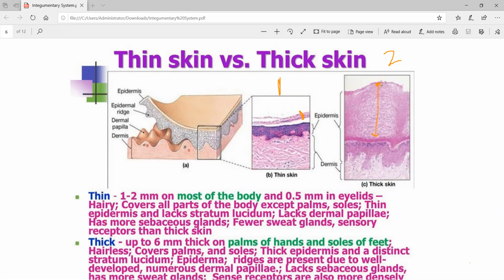So that's your clue that this is thick skin in picture 2 and thin skin in picture 1. Also in picture 2, you can see this hot pink layer right here. That's going to be your stratum lucidum. Now, sometimes it's hard to picture or to define that stratum lucidum. So your biggest indicator is going to be how thick your stratum corneum is going to be.